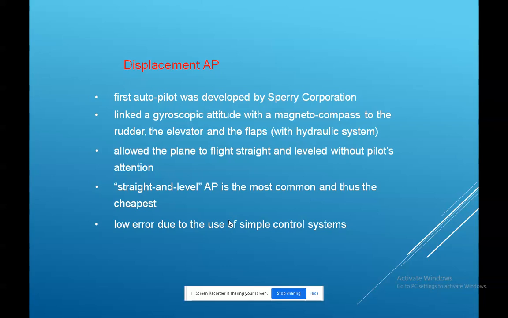Displacement autopilot system was first developed by Sperry Corporation. It linked a gyroscopic attitude indicator with a magnetic compass to the rudder, the elevator, and flaps.